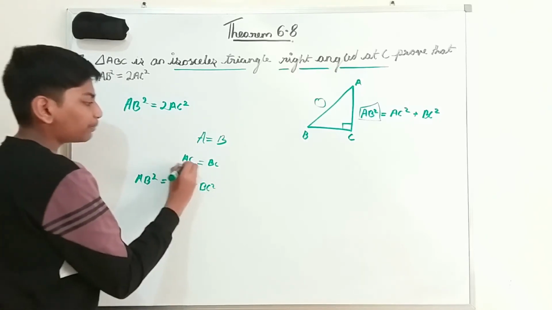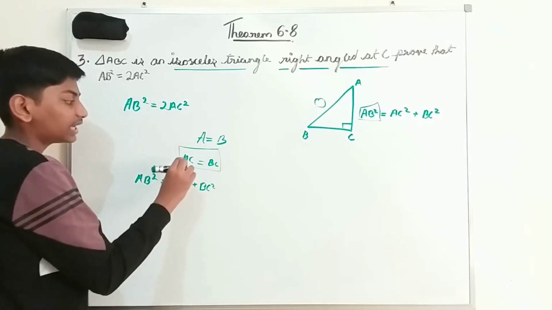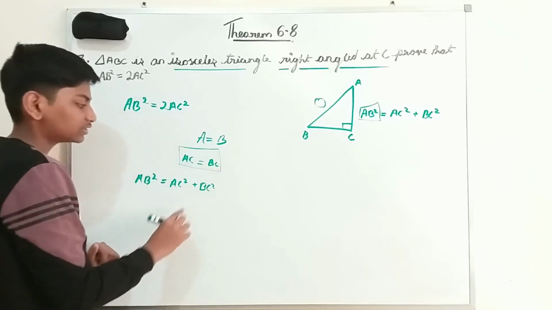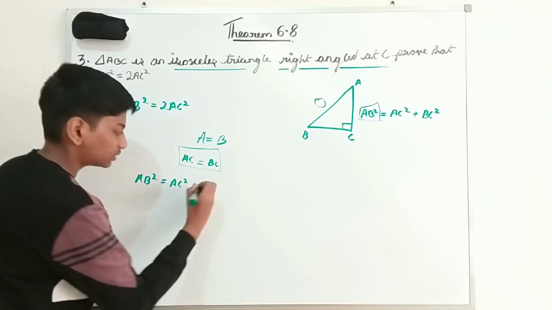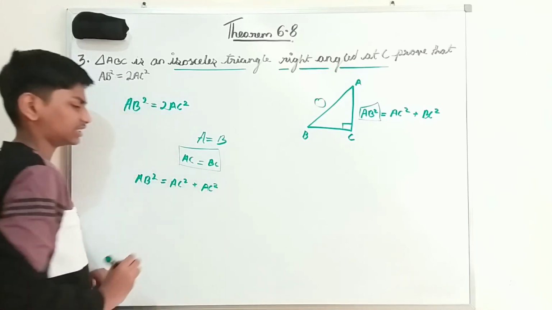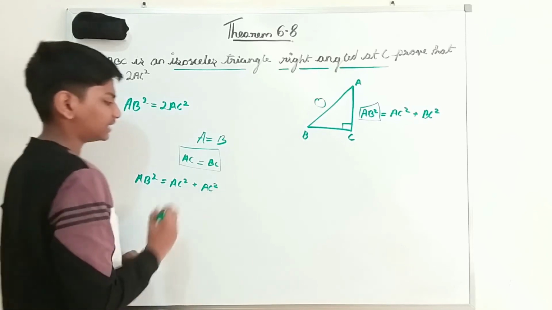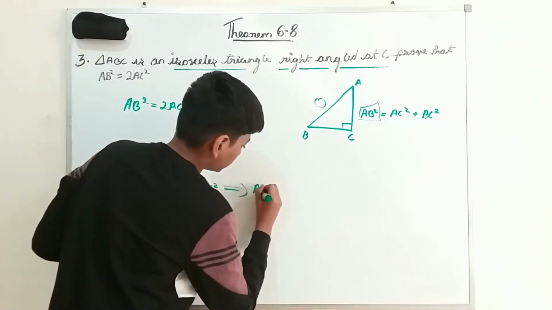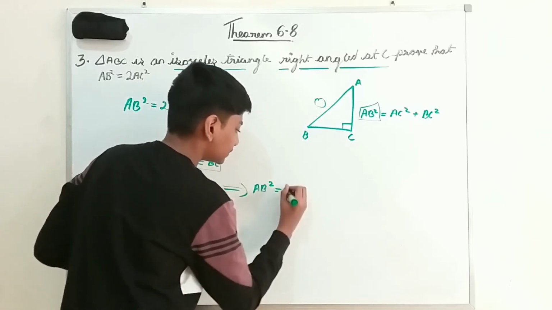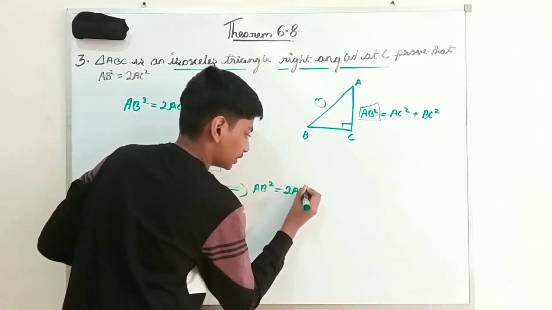We have proved already that AC is equal to BC, so instead of BC I can also write AC square, because I didn't change anything, right? So AC square plus AC square gives me AB square is equal to 2AC square.